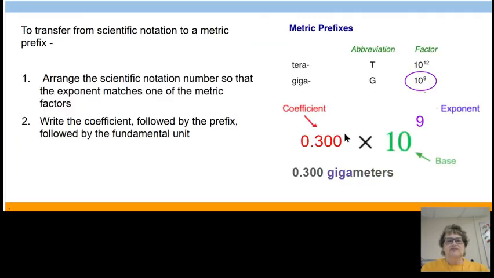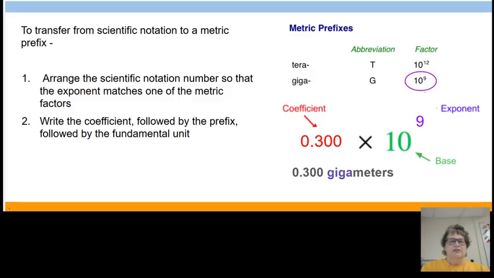All right, so to transfer from scientific notation to a metric prefix, the first thing you have to do is arrange the scientific notation number, the coefficient, so that the exponent matches one of the metric factors. So your exponent, you want that exponent to match one of the factors in the list. That might mean that your coefficient doesn't quite meet those rules of being between 1 and 10.